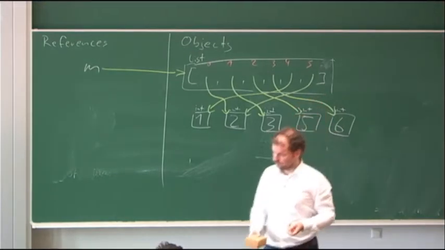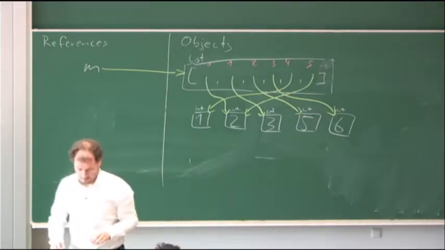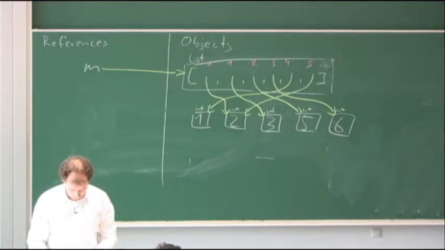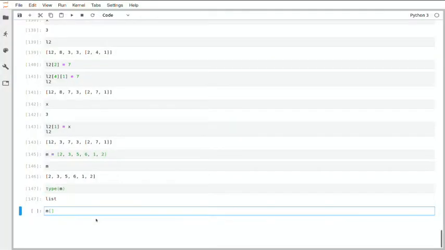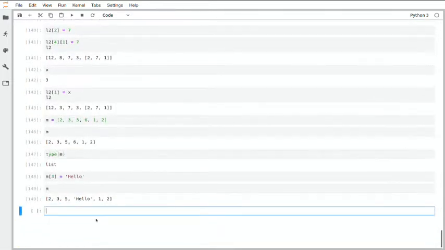And now what we can do is we can change some of the objects. So for example, we can say that M at position 3 should be a string, "Hello". Now we created a new object, which is this string hello.